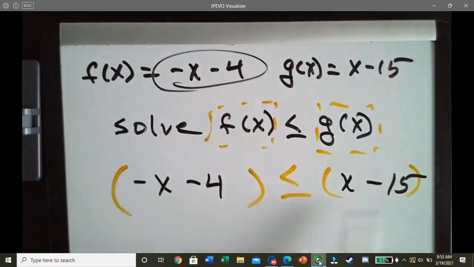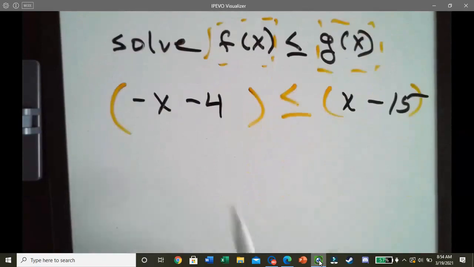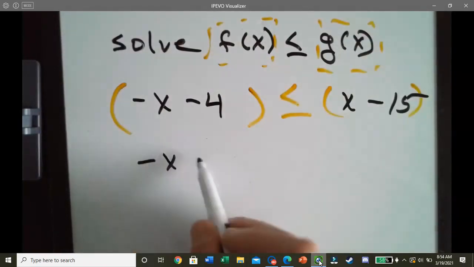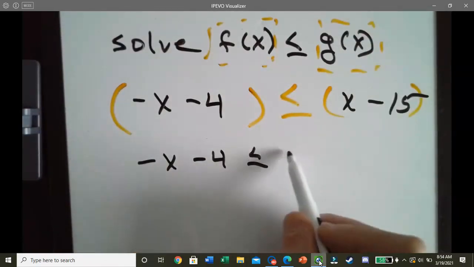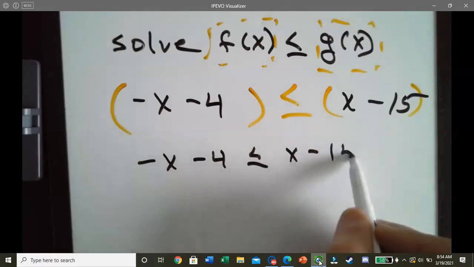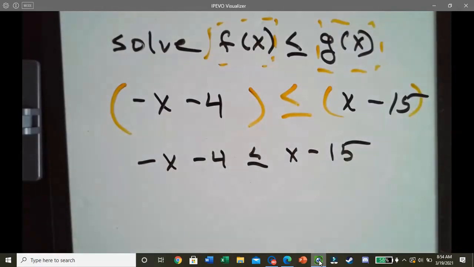Since there's nothing to multiply or square or anything like that, you can just drop the parentheses. X minus 4 is less than or equal to x minus 15, and then solve from there. Okay? So we good? We need to go further? No. We're good. Okay. Awesome.